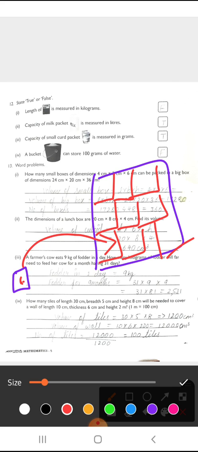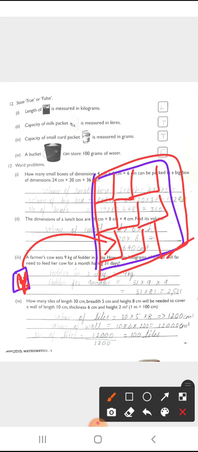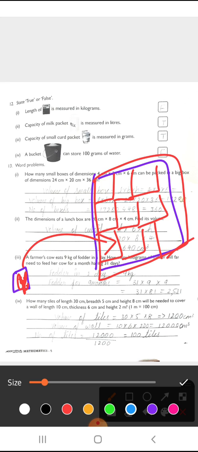Okay, so what we will do, we will first find the volume of the wall, then the volume of the small tile. Then we'll divide both of these and we'll get the number of tiles. So let's begin. One noticeable thing here is all things are in centimeter: 30 centimeter, 5 centimeter, 8 centimeter, 10 centimeter, 6 centimeter, but 2 meter is there, not centimeter.